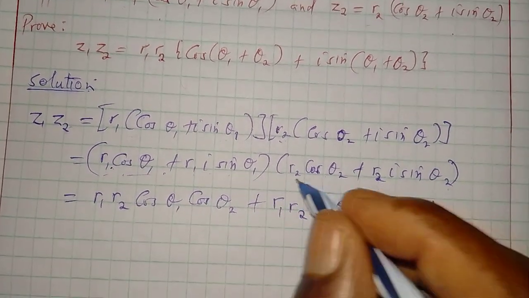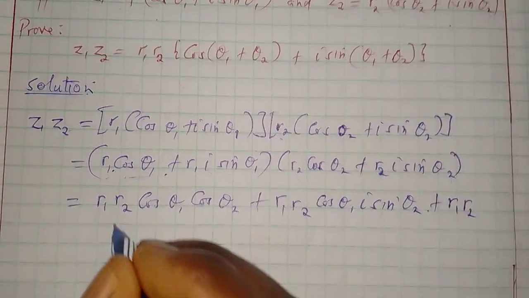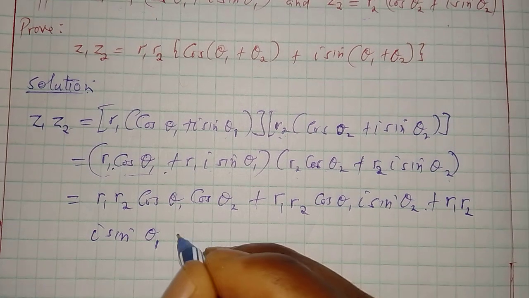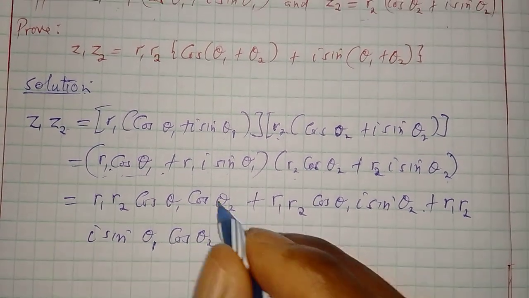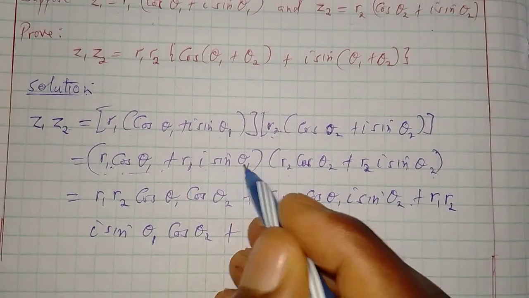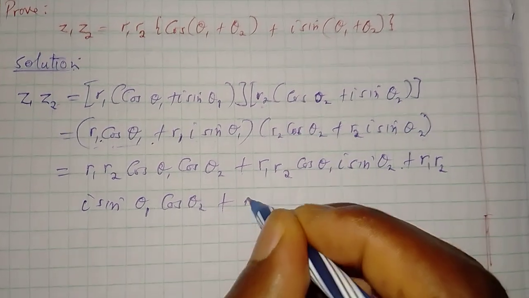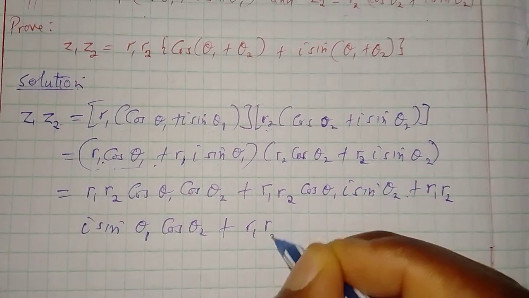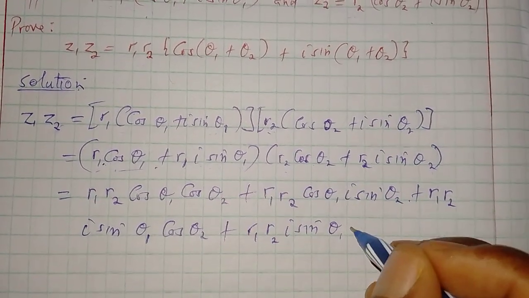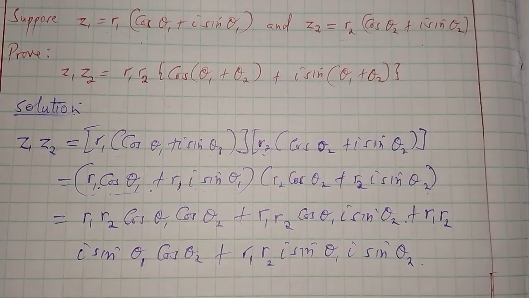r1 i sin theta1 times r2 cos theta2 becomes r1 r2 i sin theta1 cos theta2, plus r1 i sin theta1 times r2 i sin theta2, it becomes r1 r2 i sin theta1, then i sin theta2.